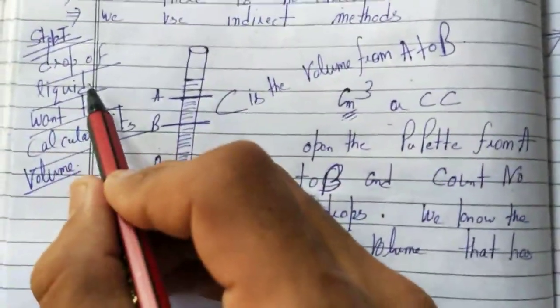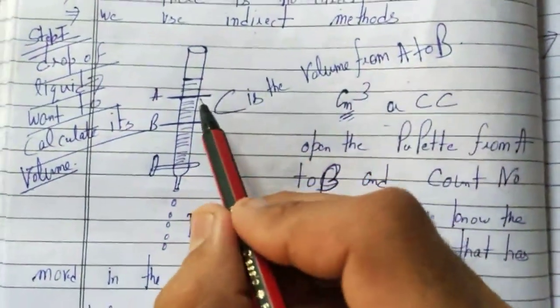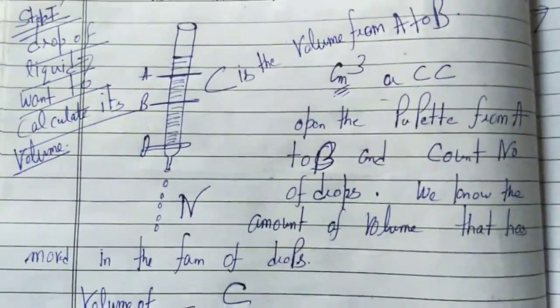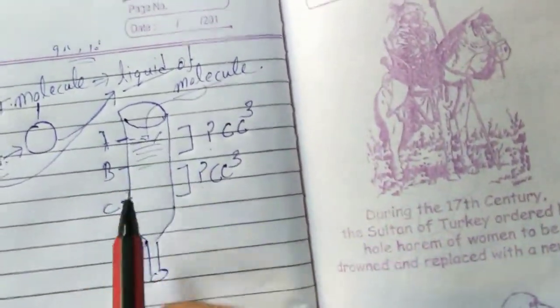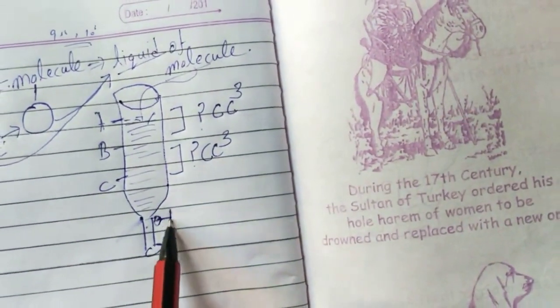You will take more drops of this liquid and place them in the burette, and your target is to calculate its volume. How will you calculate the volume? You will fill the burette up to the A level, and here is a stopper.